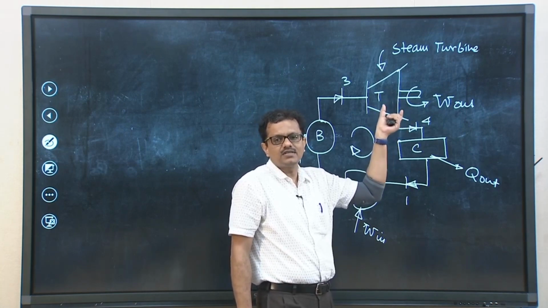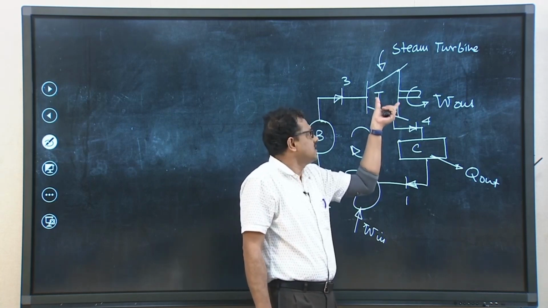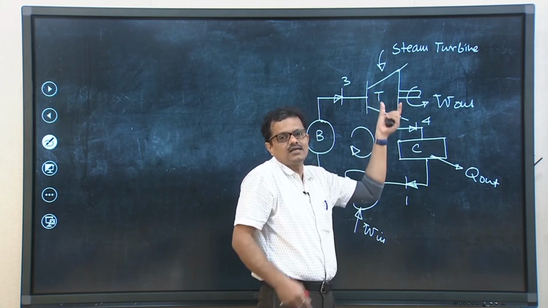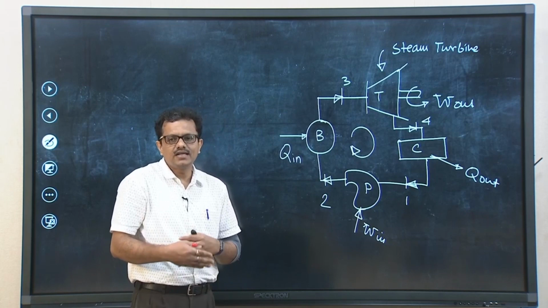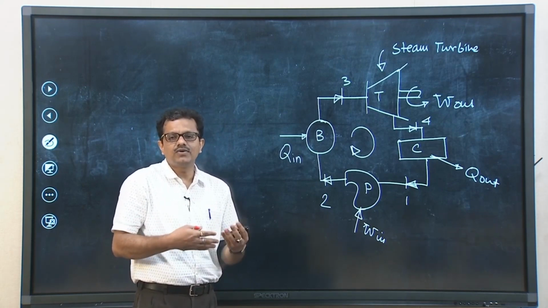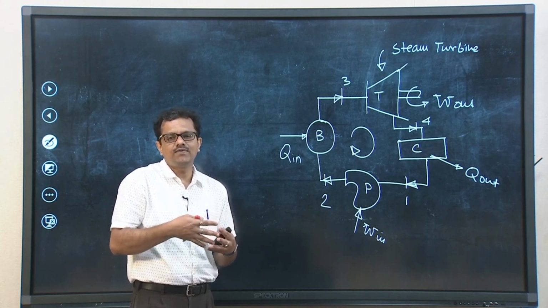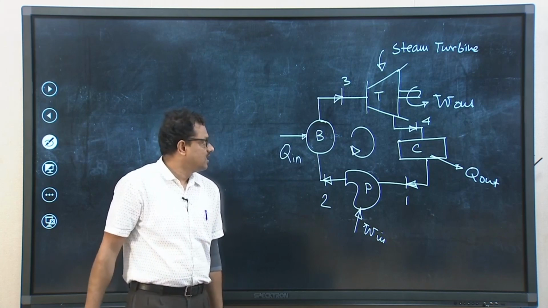So, this energy conversion takes place inside the turbine. Essentially, this turbine, you know, is an energy conversion device, a prime mover, and it is used to convert the thermal energy of the flowing stream into mechanical work or shaft work.